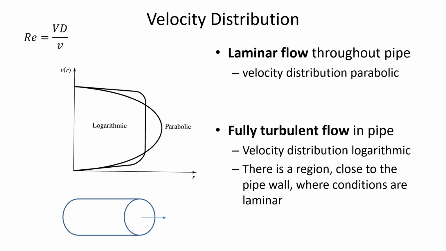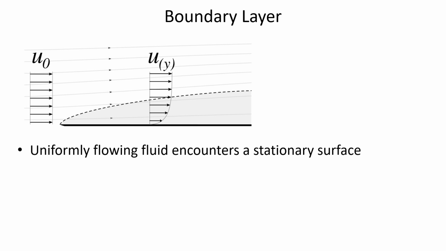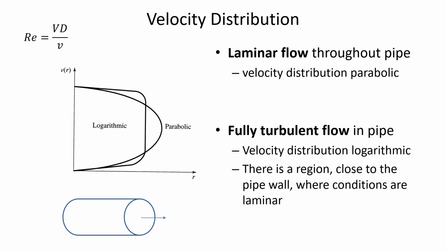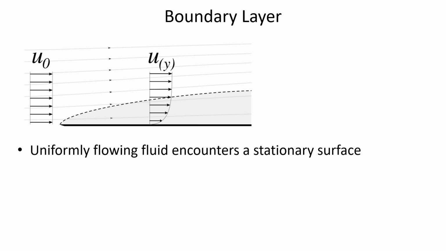So there's this certain layer where the velocity is either 0 or very slow, where even if in the center of the pipe conditions are turbulent, if you get close enough to the edge of the pipe, there's a layer of laminar flow in the vicinity of the pipe material.